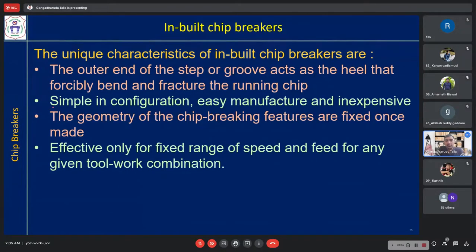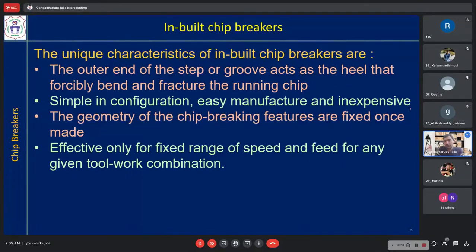And second, it is simple in configuration, easy to manufacture, and inexpensive. If you are cutting the groove for the chip, you are forming the chip breaker on the cutting tool itself directly. You are cutting it, so it is easy and less expensive.